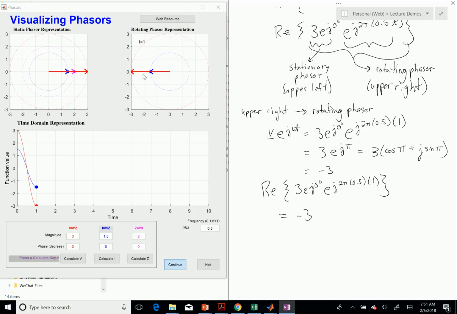I also see that the voltage, the original voltage at time t equal to 1 is 3 cosine 2 pi 0.5 times 1. I go to my calculator and I compute that. I can't compute it in MATLAB, unfortunately, but I can calculate it separately in my calculator.